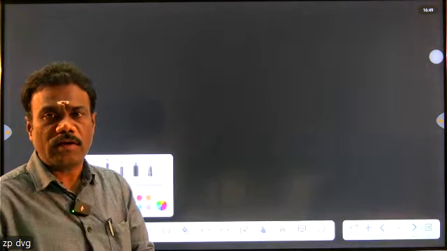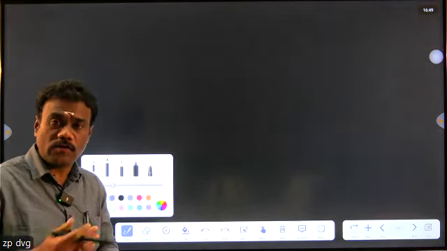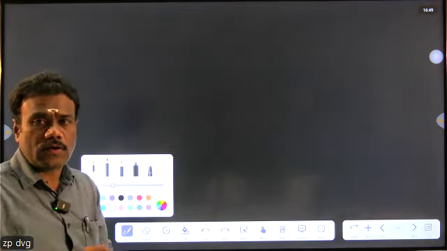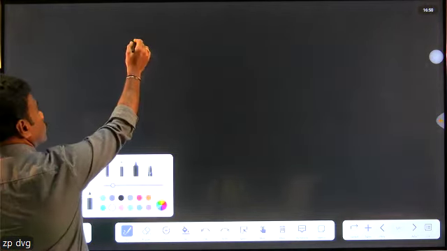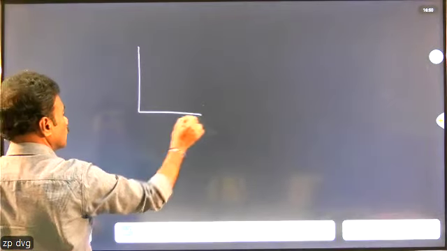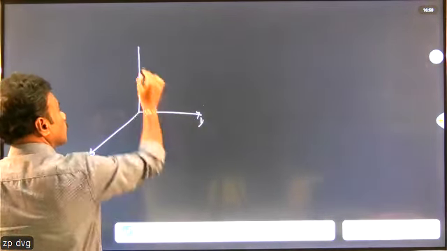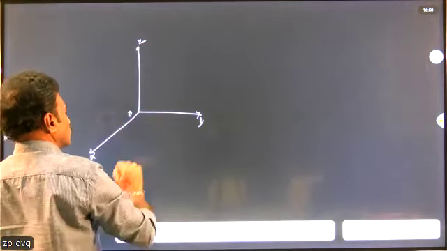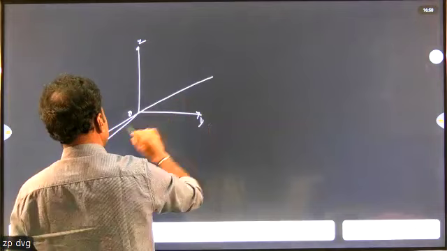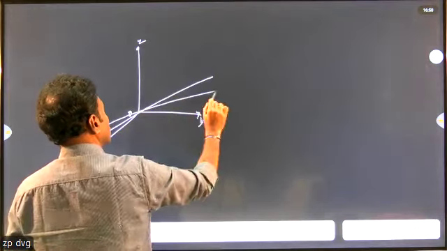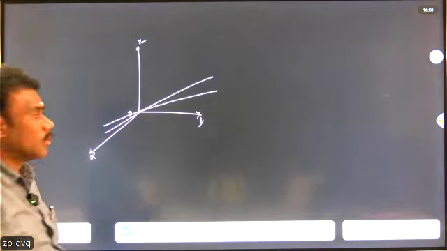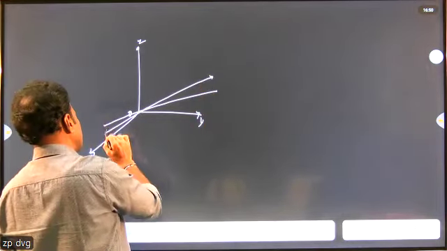If you know the direction ratios or direction cosines of two lines, what is the angle between them? Let us take two directed lines.